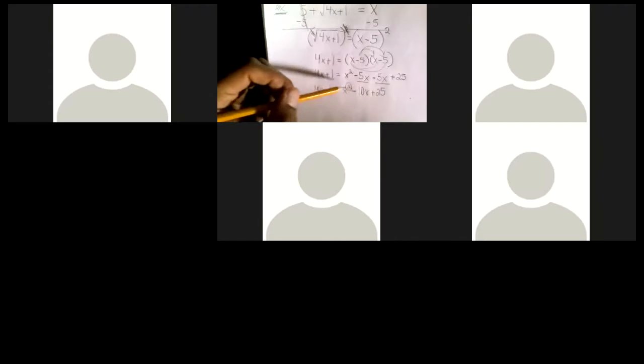This x is squared. This x is squared. So what you want to do is set the equation equal to 0. And because you have this squared, you're going to have to factor.